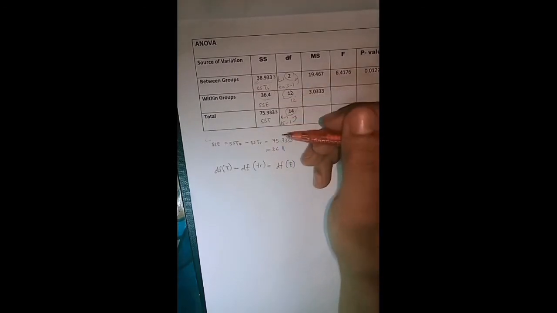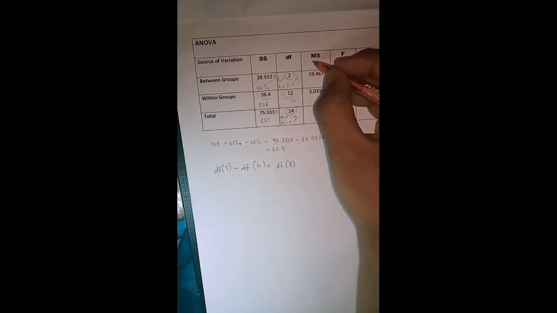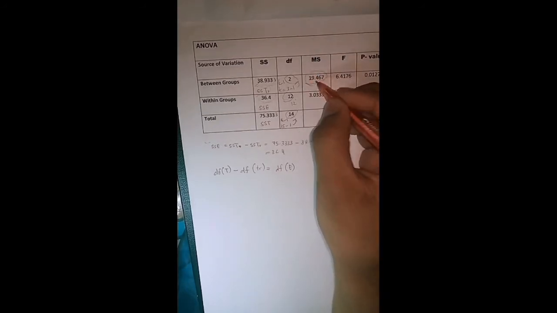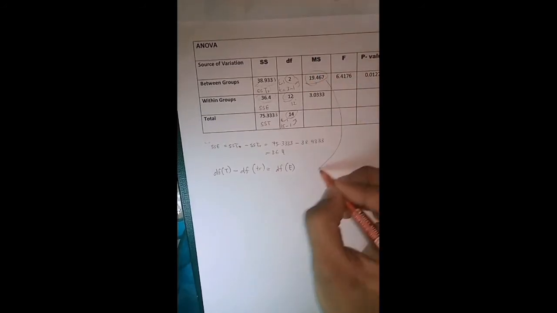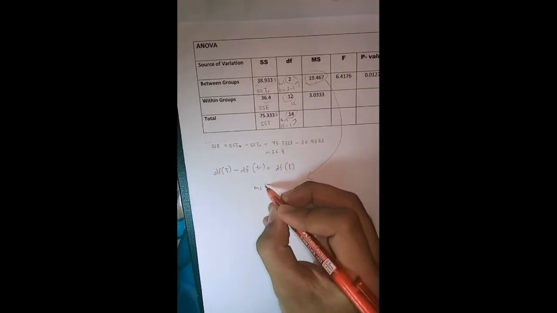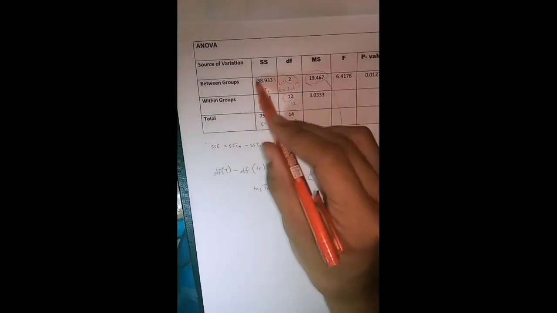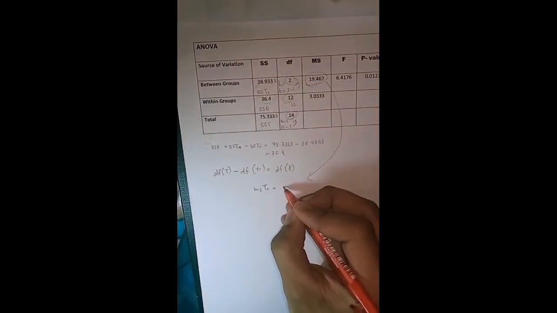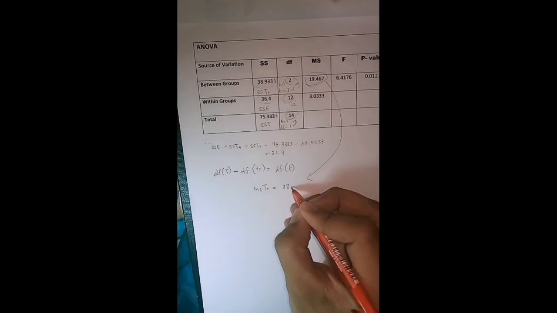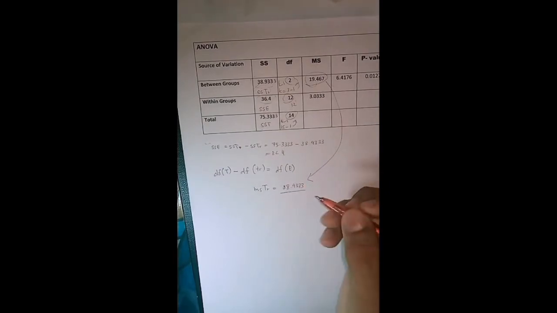After that, look at this. This is MS, which means mean square. How do we get this? MSTR is equal to 38.933 divided by 2 degrees of freedom.